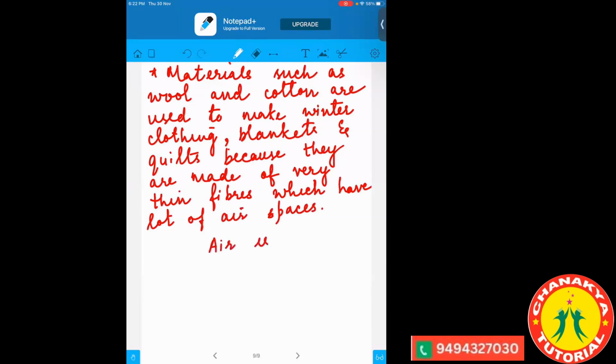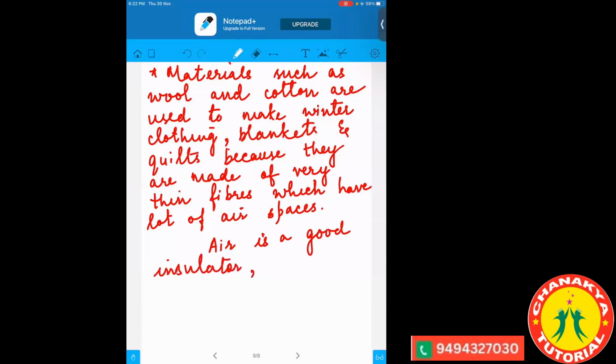Now, air is basically a good conductor of heat. So if the air space is there... Air is a good conductor of... not conductor, it's an insulator. Air is a good insulator.